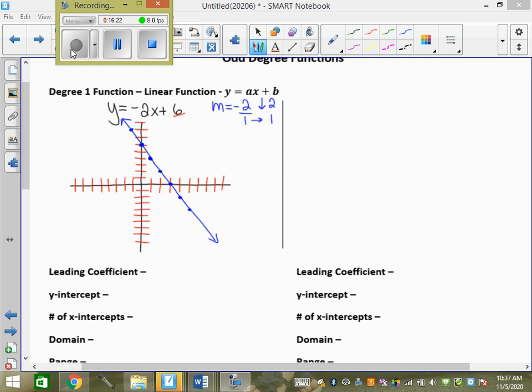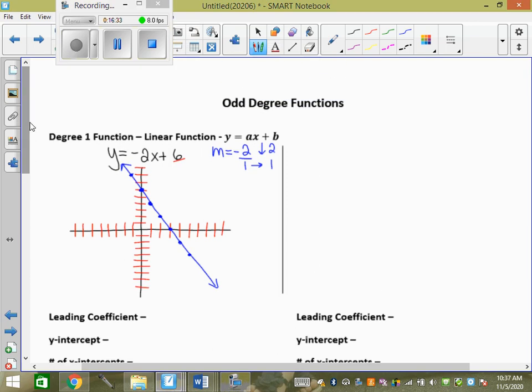Okay. Now, please pay attention. My leading coefficient is the coefficient that leads the equation. So we're going to write this up here as a little definition for ourselves. The leading coefficient is the number in front of the largest exponent. Coefficient means in front, and leading means it has to lead the equation. Sometimes you're just asked for the leading coefficient. So what number leads this equation?